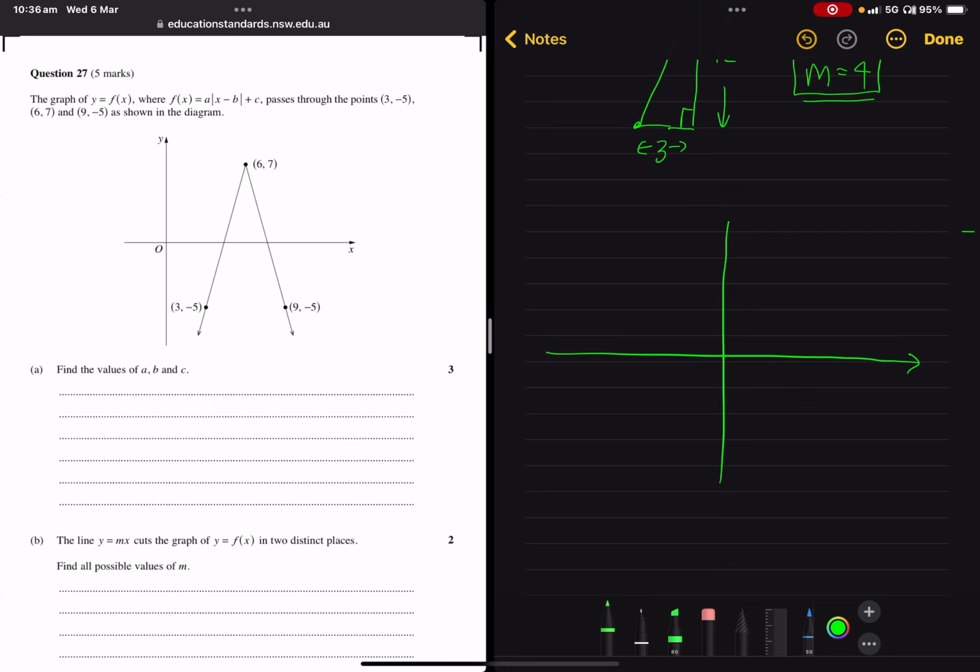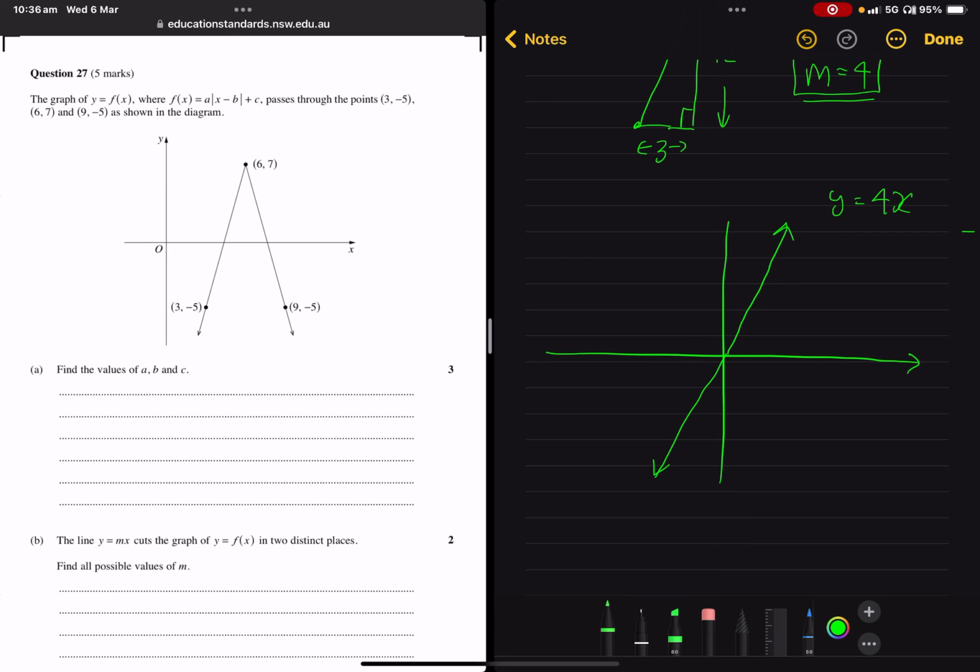So we're going to have y equals 4x. It's going to look like this, and it's going to go down here. This line has the same slope as both of the lines in the diagram. We found the slope of one of them, and now we've drawn the line with that slope.